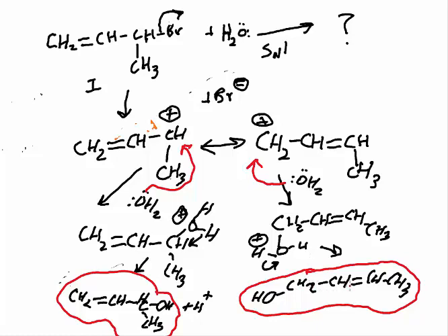And in the future, let me stress, when you see an allylic substrate, that is, it's got a C=C double bond attached to a carbon bearing no leaving group, and it's under SN1 conditions, usually it will tell you that. What you want to do is write the carbocation it forms, look for resonance structures, draw the resonance structures, pretend each is real, and take each resonance structure and run that through the rest of the reaction.